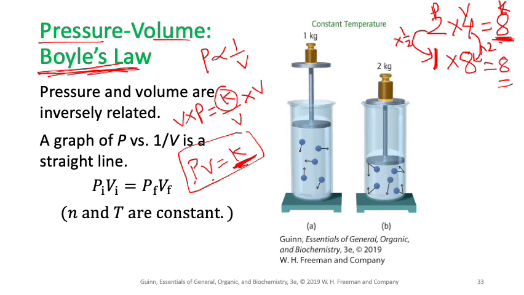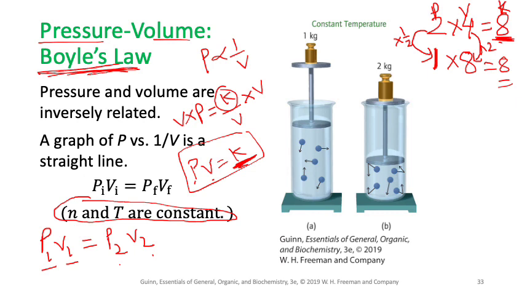So this is the law: pressure times volume will always give you a constant number. Now we can get an equation: P1V1 equals P2V2. P1 and V1 are the initial pressure and volume, P2 and V2 are the final pressure and volume, as long as the number of moles and temperature remain constant. So this is the equation we can use to solve problems on Boyle's law.